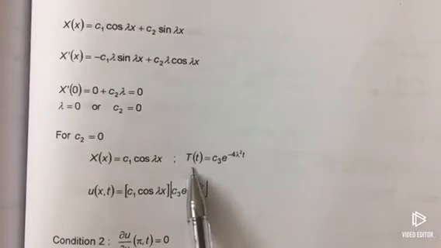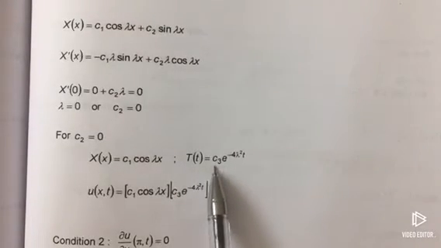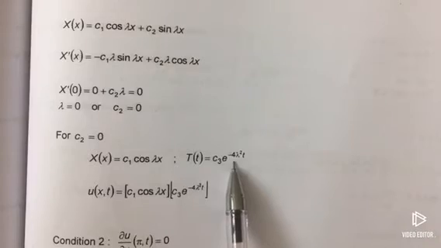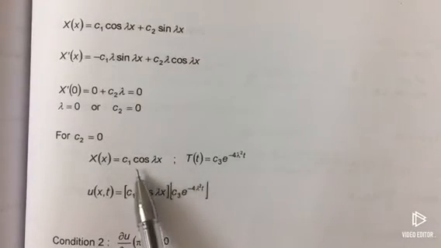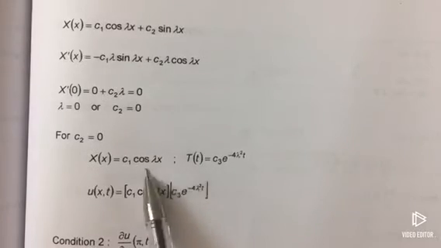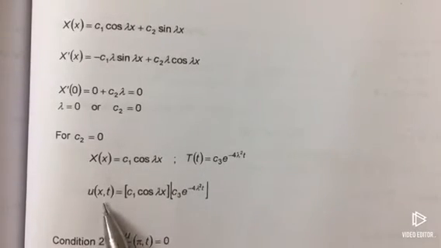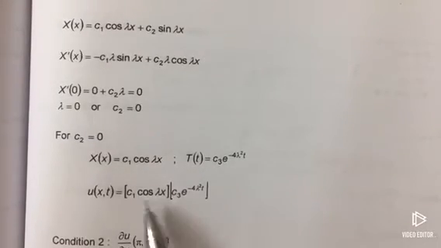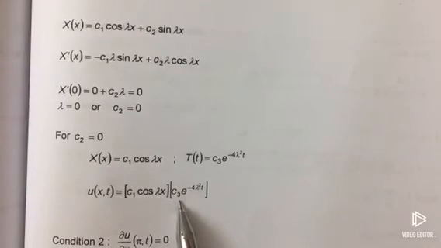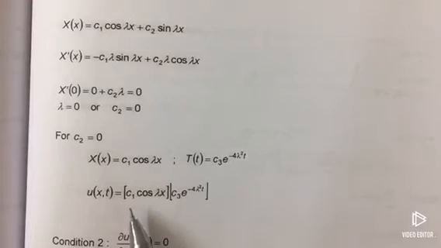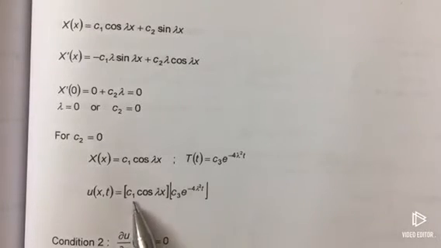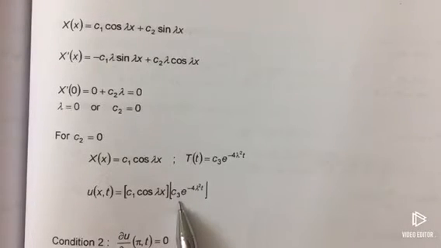For T(t) equal to C3 exponent negative 4 lambda squared t, carried from the previous step, combining these two answers we get u(x,t) equals C1 cos(lambda x) times C3 exponent negative 4 lambda squared t.